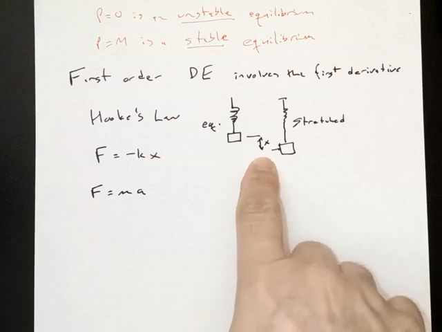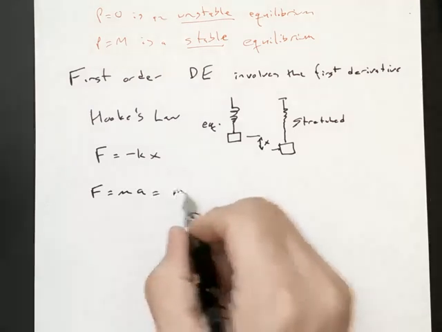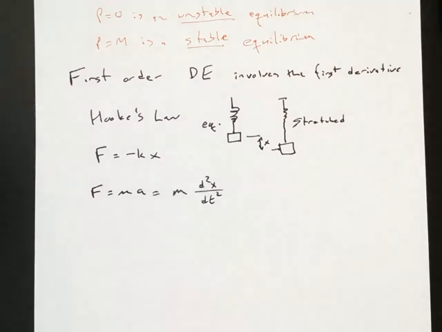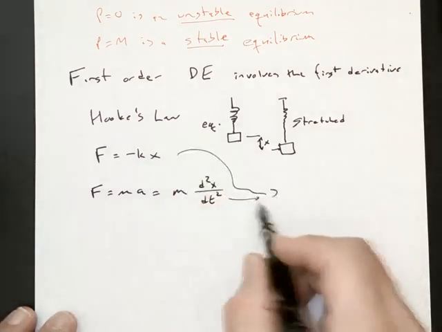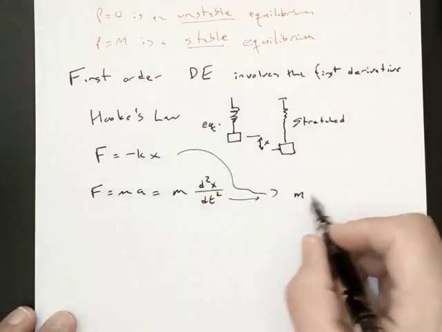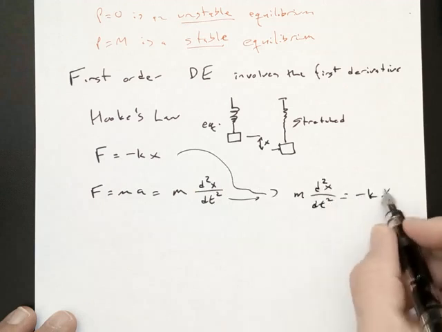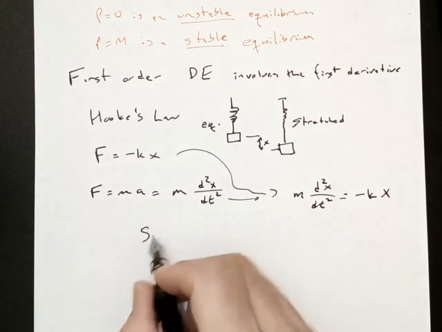Which means I can think of that a as a second derivative. I didn't write x double prime, I wrote it in the other notation, but that's okay. And now what I end up with when I combine these is a second order differential equation because it involves the second derivative.